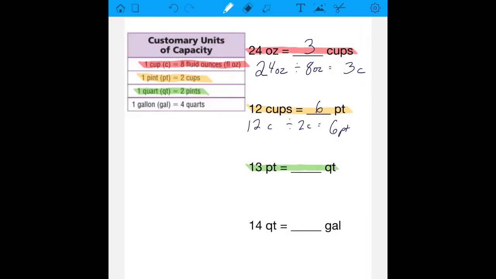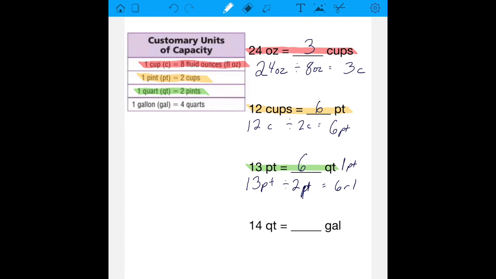So with this, I need to do 13 pints divided by 2, and that's going to equal 6 remainder 1. What that really means is that I have 6 quarts with 1 pint left over. That just is going to be a little bit of a mix.